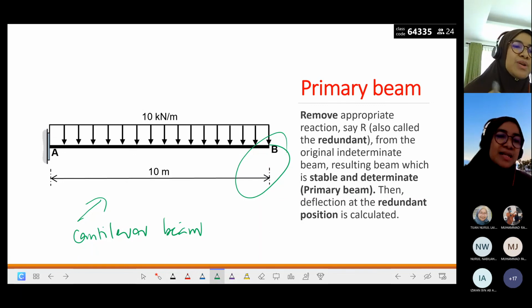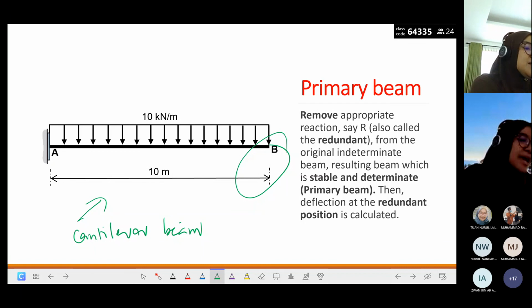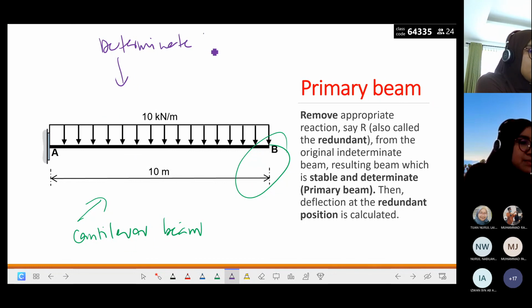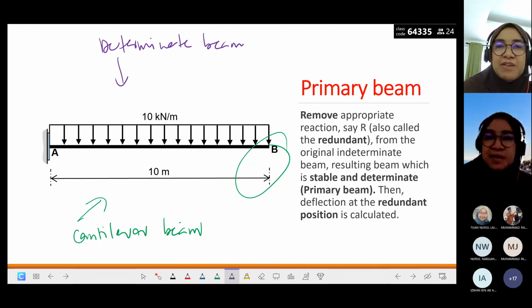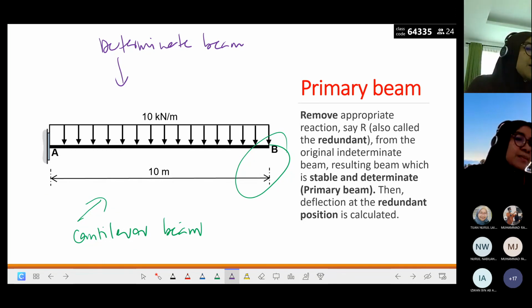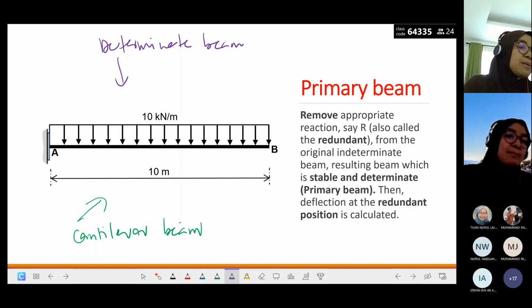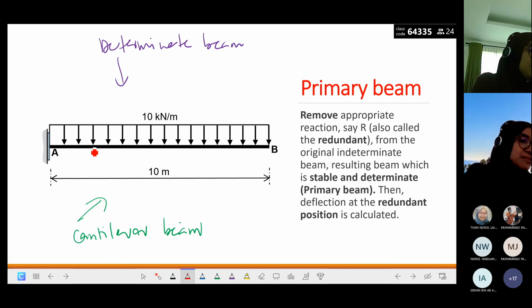The resulting beam is stable and determinate. What type of beam? Cantilever beam. Of course, we have another option, a simply supported beam, if we remove MA from the system. Then the deflection at the redundant position is calculated. By removing BY, looking at the deflection at position B, we will get this.